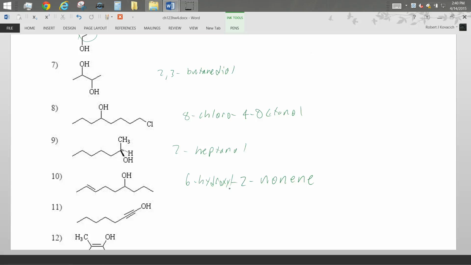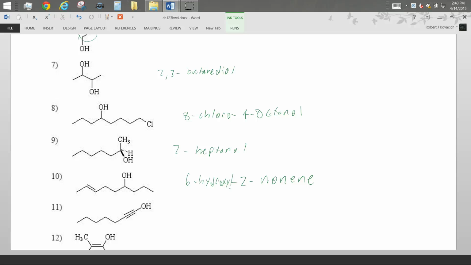How come we're not using the OL to name it? Because the double bond will be more reactive than the alcohol. That's it.